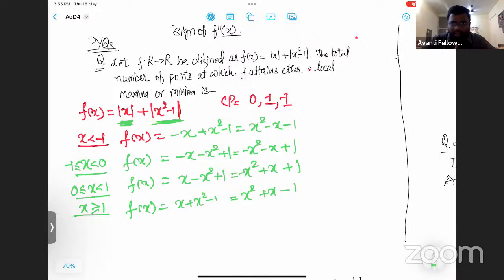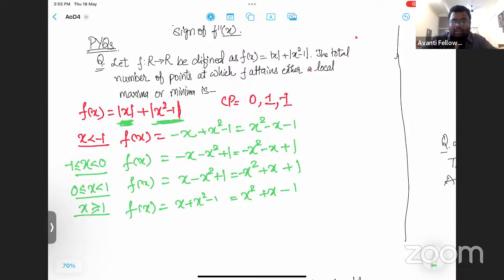So the first method is to start differentiating all the functions one by one, equate them to 0, and you will get the possible values of maxima or minima, right? But since here the function is also changing its definition, we also need to look at the points where the function is changing the definition.